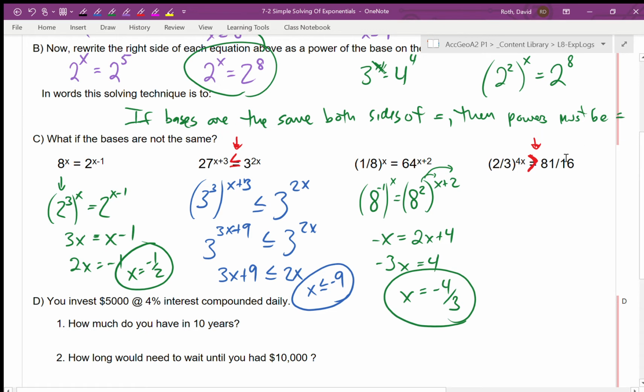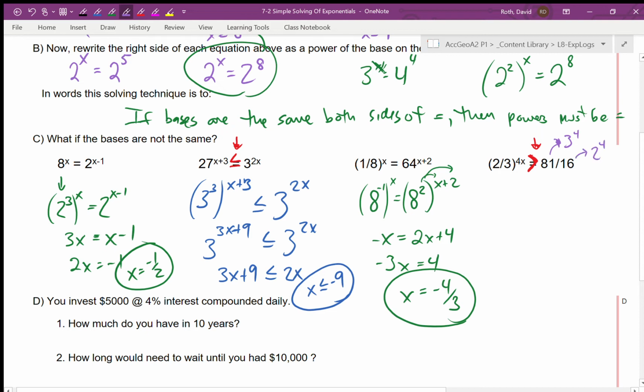Okay, let's go to this one. Ooh, this one looks weird. There's a fraction on this side and there's a fraction on that side. What's going on? What do we recognize? 81, and it is helpful to remember your powers of 2s and 3s especially to work these problems out. 81 we just did a second ago is 9 times 9, so that must be 3 to the 4th. 16 likewise was 2 to the 4th.